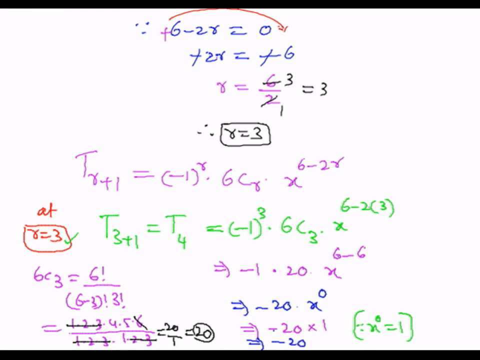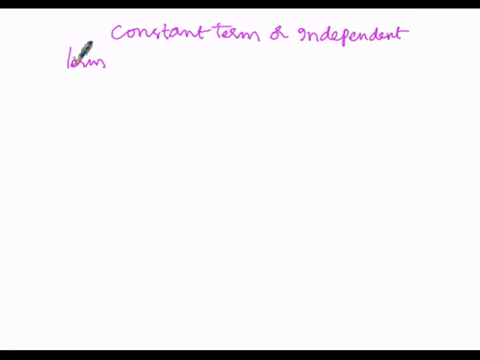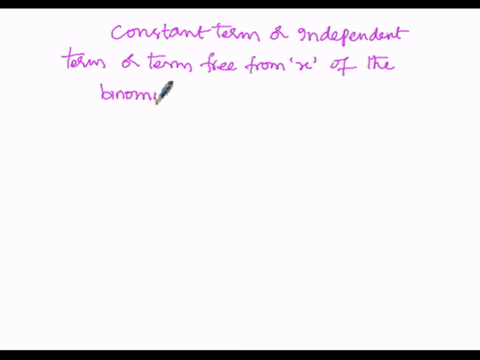So the next logical step: the constant term or independent term or term free from x of the binomial x minus 1 by x whole power 6 is minus 20.